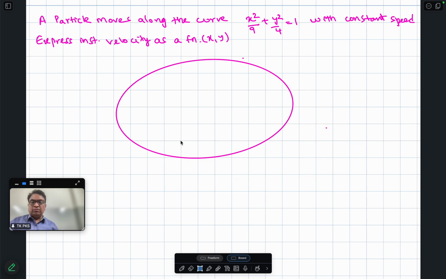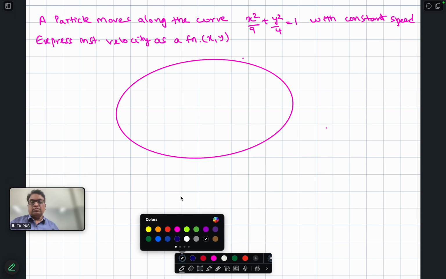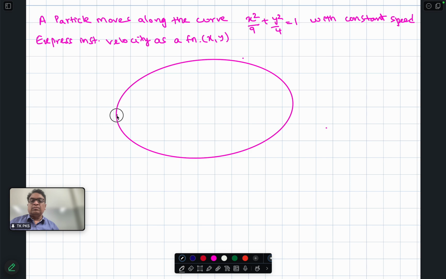Now here you have, for an ellipse, this is called major axis and this is called minor axis. Here is some point. Very clear.